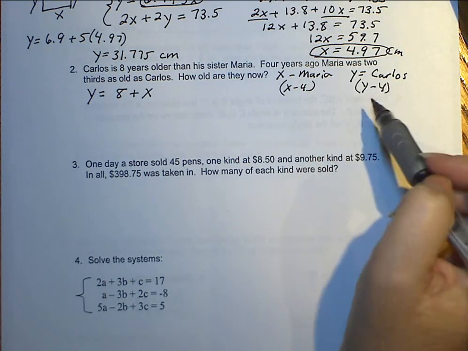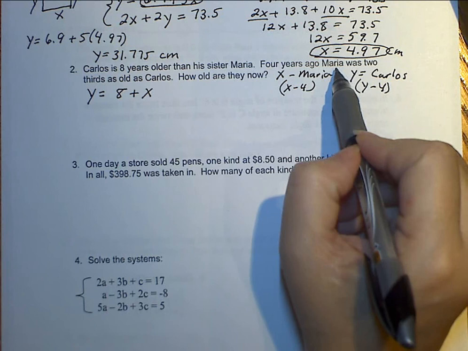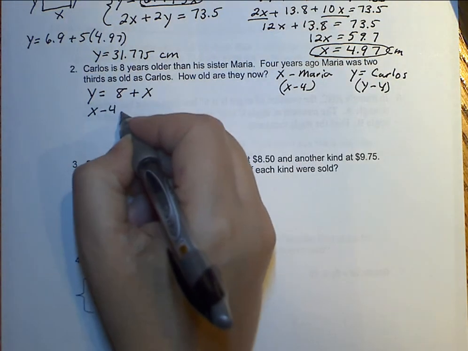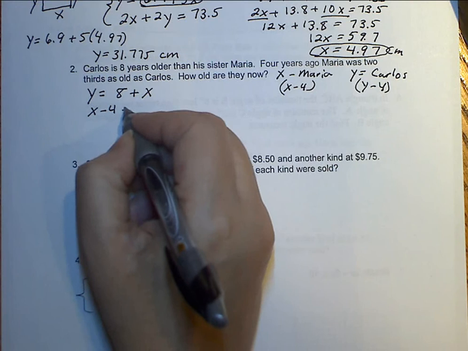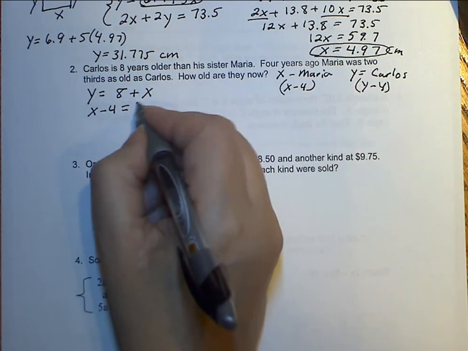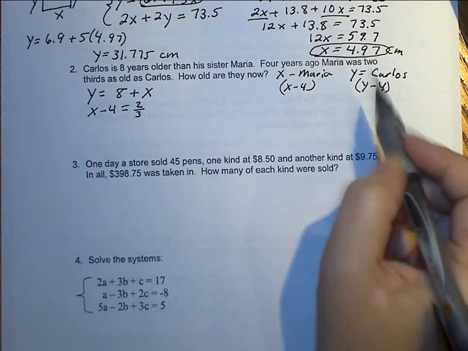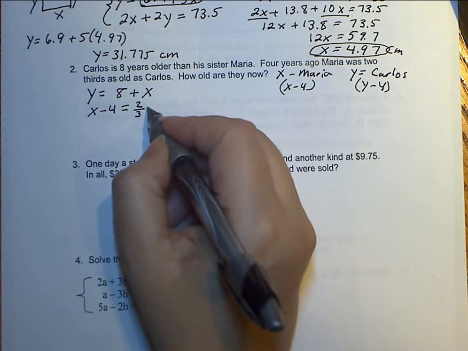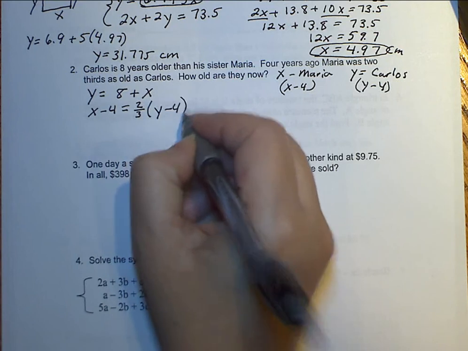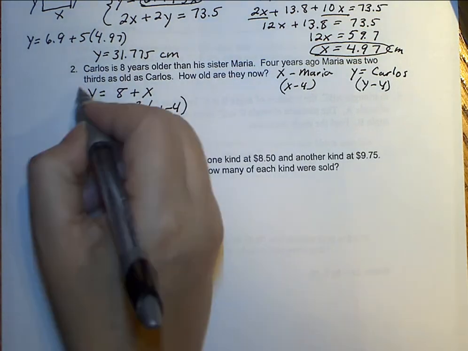So it says 4 years ago, Maria, so X minus 4, was, so equals 2/3 Carlos's age. So Carlos was Y minus 4. And now we have our system.